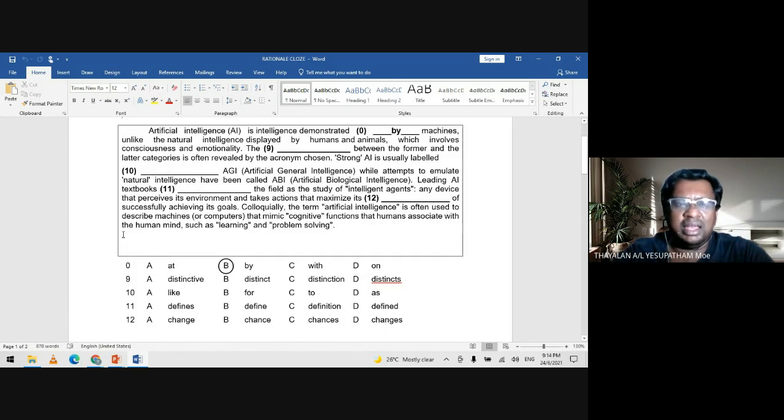Leading AI textbooks define the field as the study of intelligent agents, any device that perceives its environment and takes actions that maximize its chances of successfully achieving its goals. Colloquially, the term artificial intelligence is often used to describe machines or computers that mimic cognitive functions that humans associate with the human mind, such as learning and problem solving.